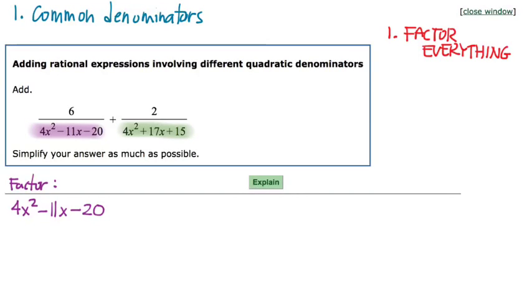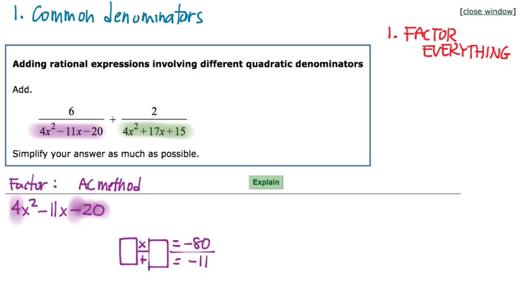Because the leading coefficient is not 1, we should use the AC method, which has us searching for a pair of numbers which multiply together to give a times c. In this example, a is 4, c is negative 20, and so the AC is negative 80. The product needs to be negative 80, and the sum needs to be negative 11.